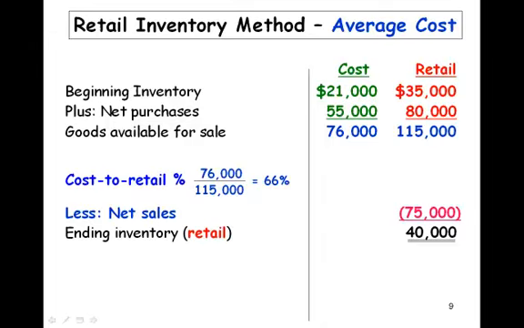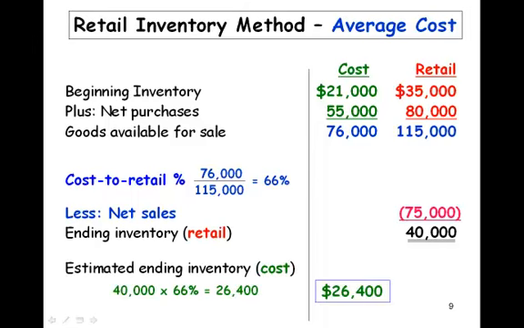However, the problem with this ending inventory is that it's at retail. Therefore, to convert it from retail to cost, we multiply it by the 66% cost to retail percent to compute the estimated inventory of $26,400.